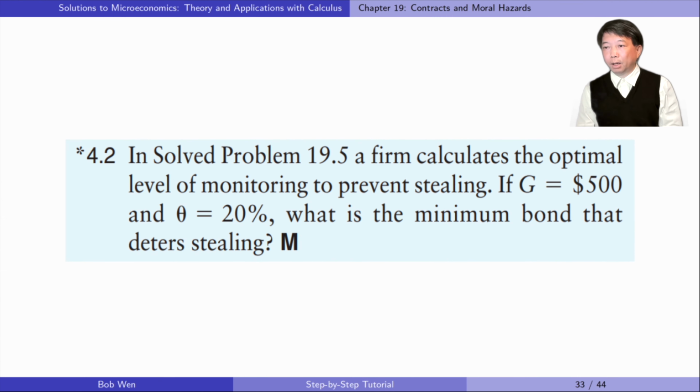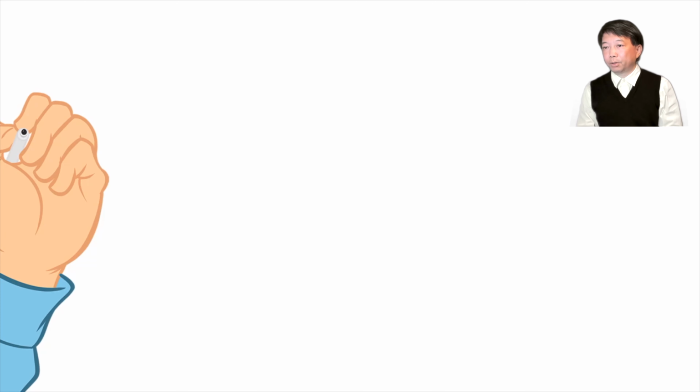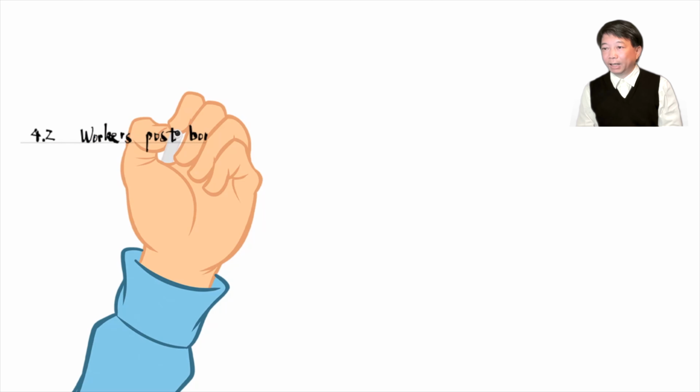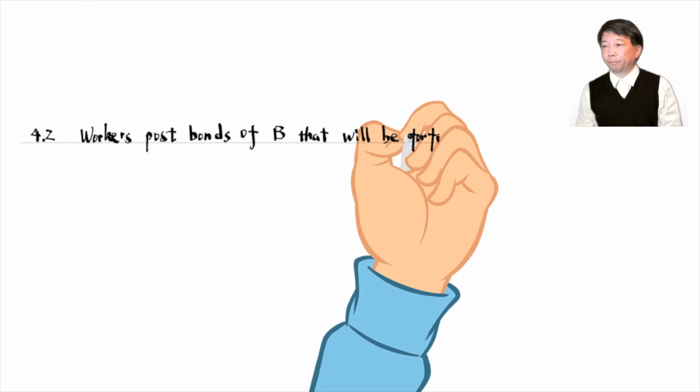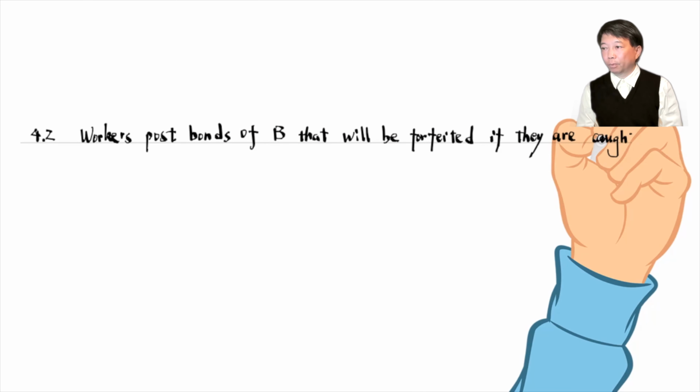Let's address exercise 4.2. In problem 19.5, a firm calculates the optimal level of monitoring to prevent stealing. If G equals $500 and theta equals 20%, what is the minimum bond that deters stealing? Workers post bonds of B that will be forfeited if they are caught stealing.